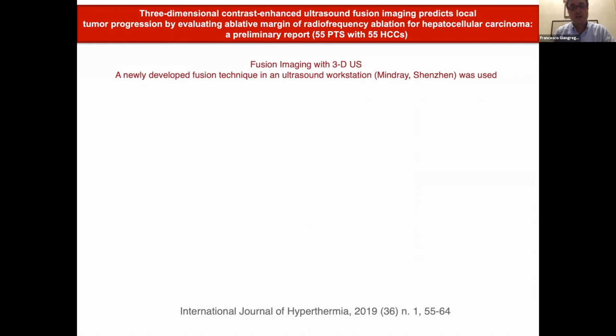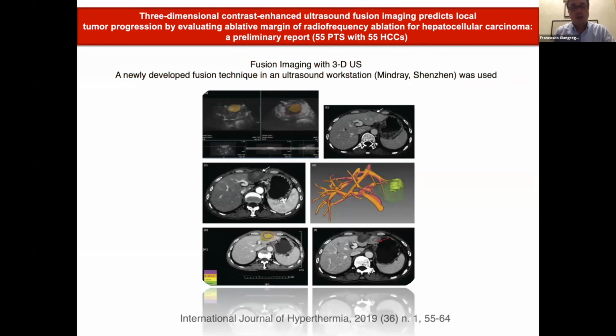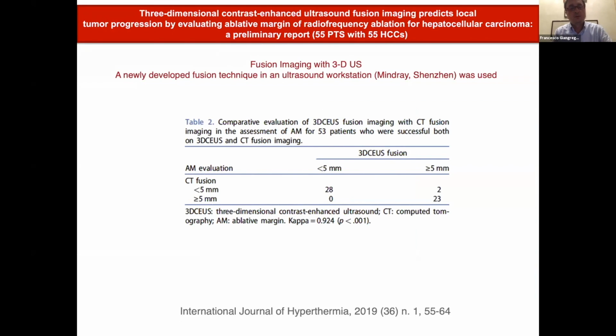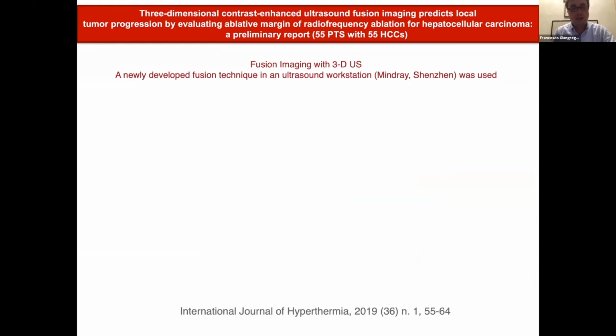These are the images of the paper. I don't want to comment on this paper, but just to give you an idea.